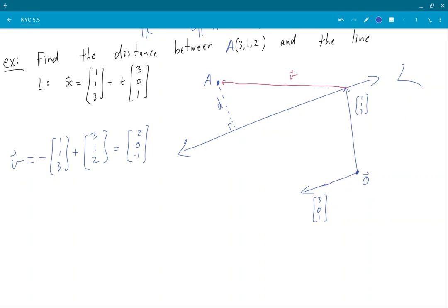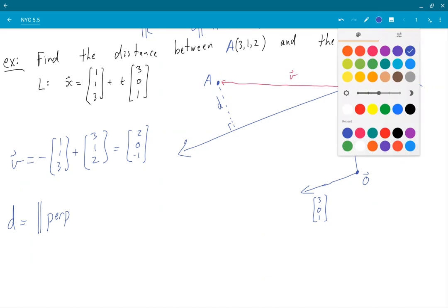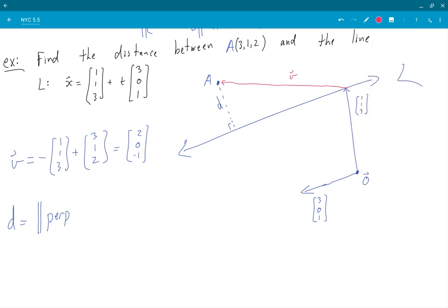Now, as before, D is going to be the length of the perpendicular. I'm projecting the red vector. If you want, you can imagine the red vector also sitting down here.